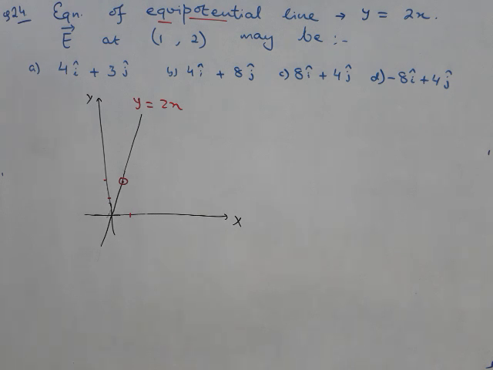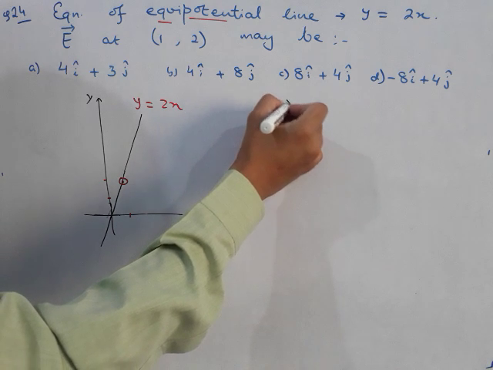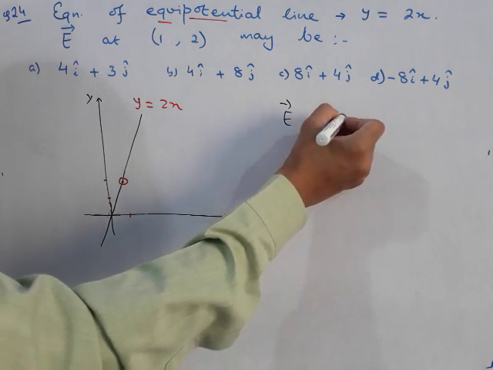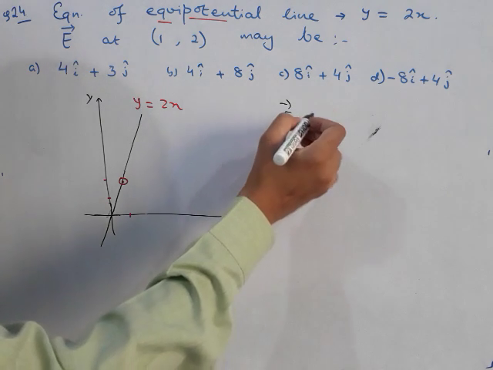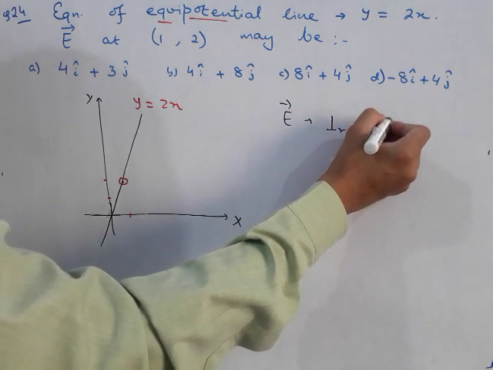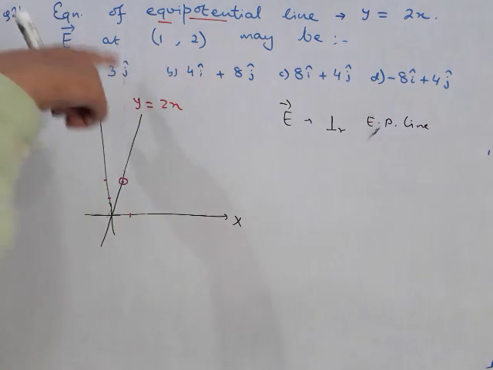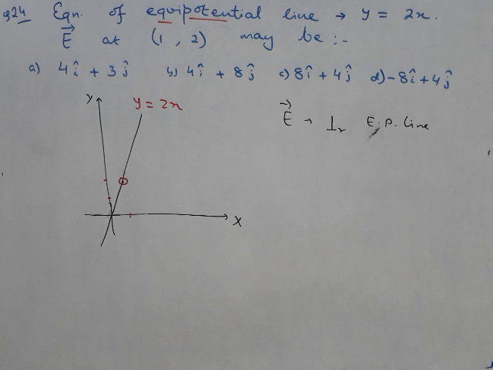Now you know the property that electric field E vector is always normal to equipotential surface. Likewise, here we can write E vector is always perpendicular to equipotential line. Now this is the line. That means the electric field must be directed perpendicular to this line.